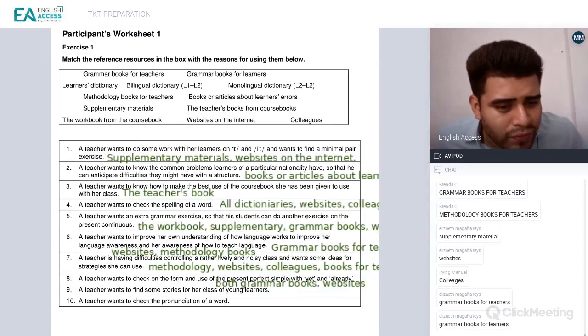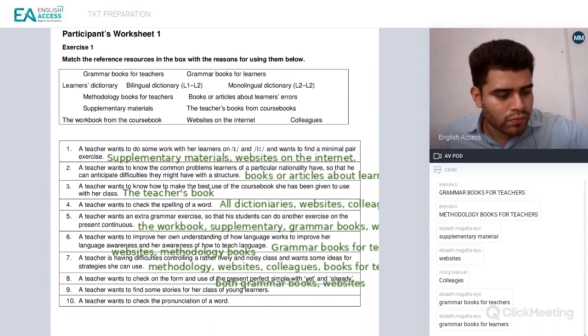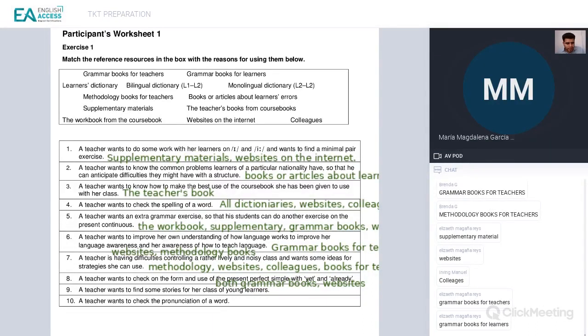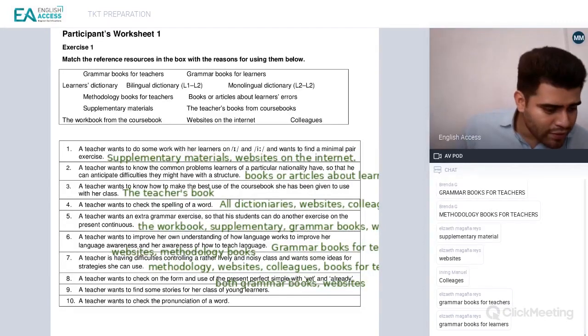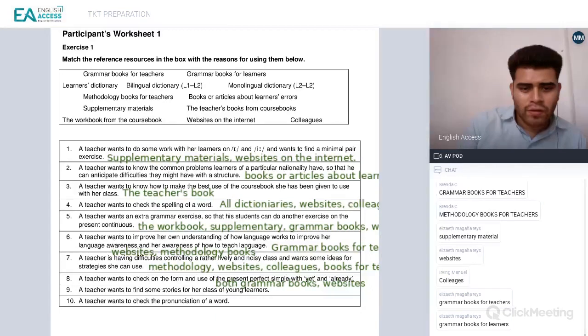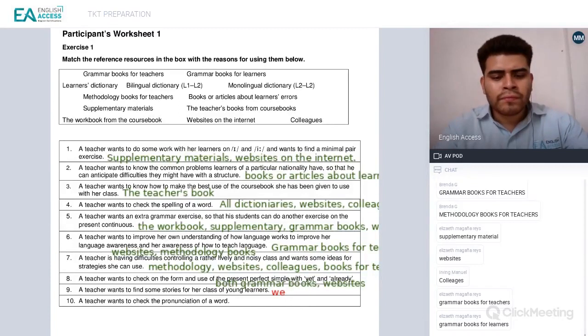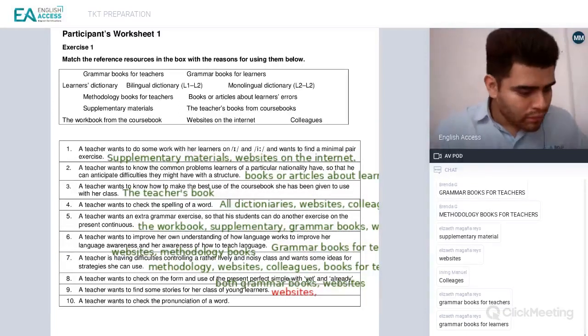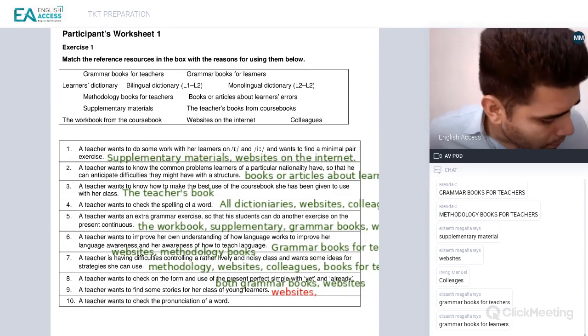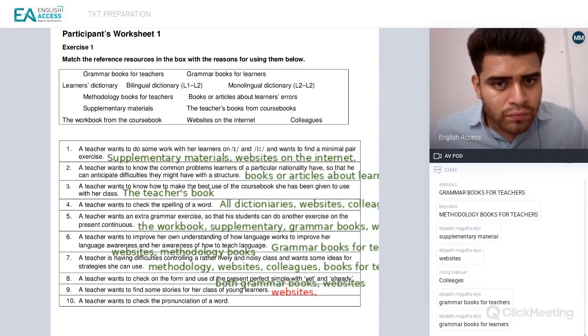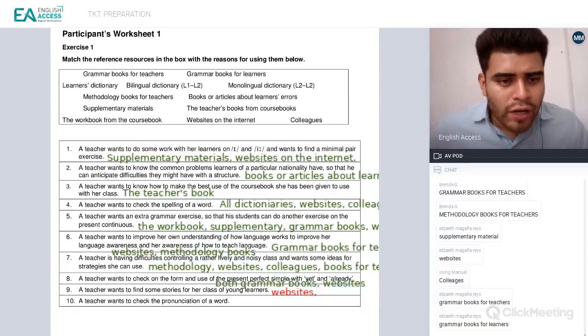Websites. The best resources we have. Google. Next. A teacher wants to find some stories for her class of young learners. All right, what do you think that is? I think websites. Websites? Okay, yes, websites, of course. Colleagues. You mean colleagues?